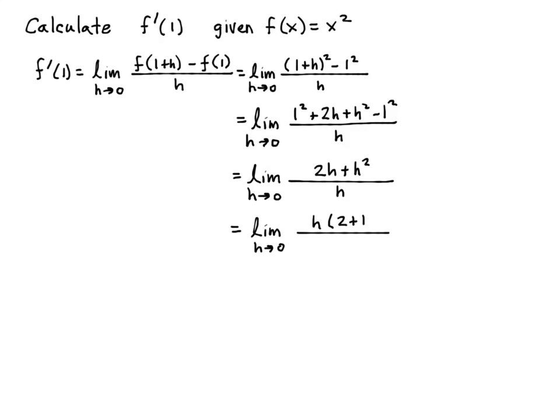Here we factor out the h, and so we just get plain old 2 plus h. And so as h goes to 0, our limit is just plain old 2. So the derivative of this function at 1 is going to be 2. So the slope of the line tangent to that parabola of x squared at x equals 1 is 2.